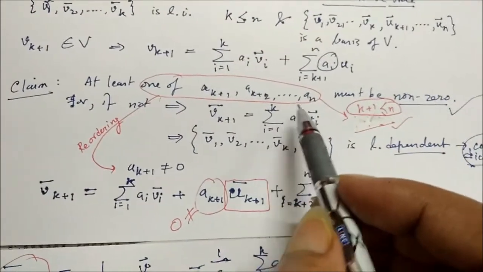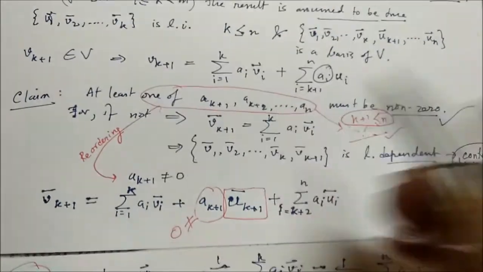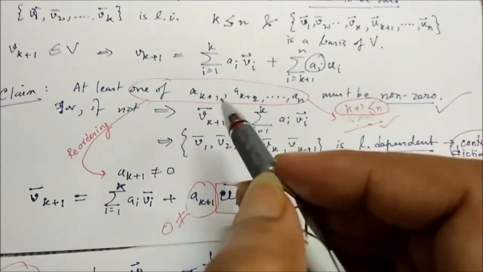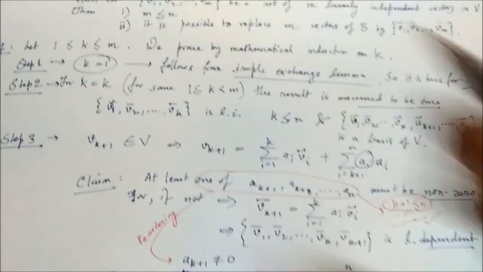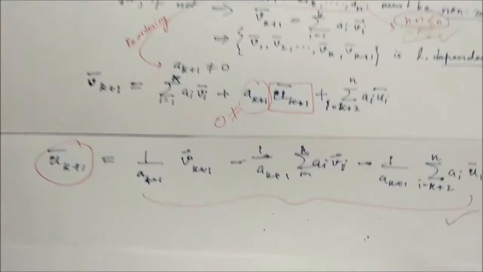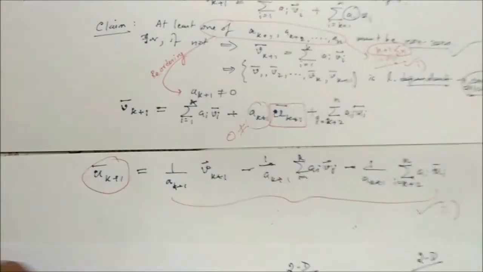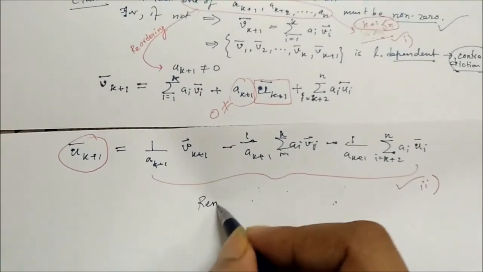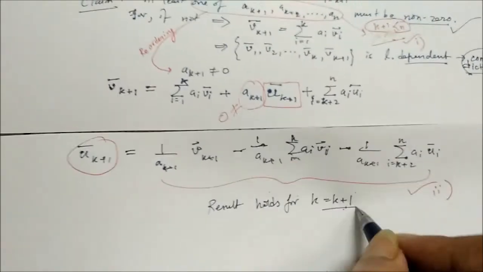Also from this claim, which we have proved to be true, that one of ak plus 1, ak plus 2 up to an, out of these must be non-zero, it clearly indicates that k plus 1 is less than or equal to n. So that is one part of the claim for k plus 1, and the other part we have just proved. If you name this 1, this is 2. That means the result holds for k equals k plus 1.